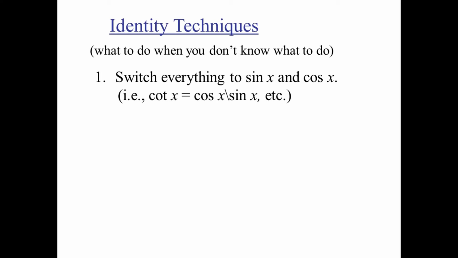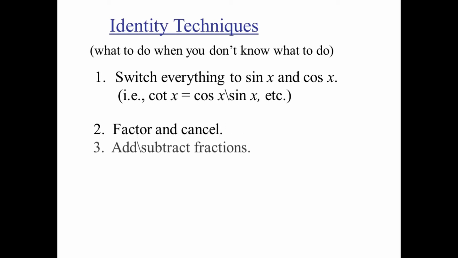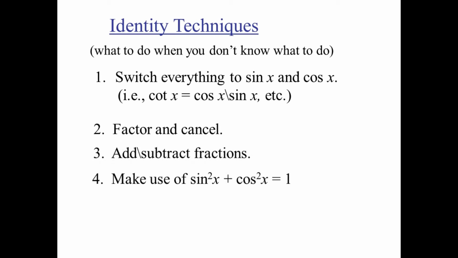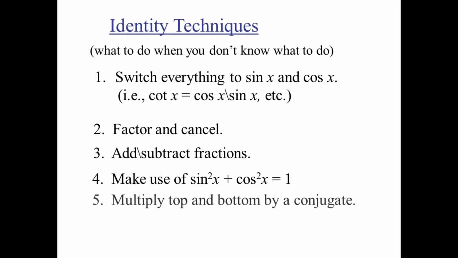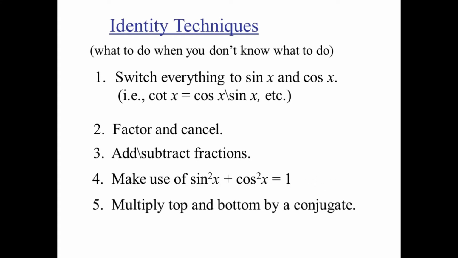Tangent is sine over cos. You can factor a numerator and a denominator and cancel. Add and subtract fractions. Make use of the fundamental identity: sine squared plus cos squared is 1. Multiply top and bottom by a conjugate. Let's do some examples.